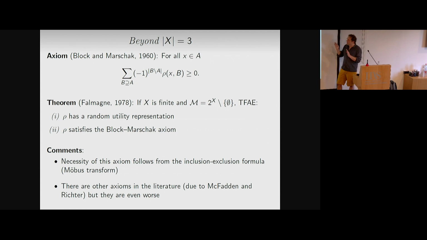I am basically summing over supersets of A the choice probabilities of a fixed alternative with these alternating signs, and this sum has to be positive, not negative. That's what the axiom says.